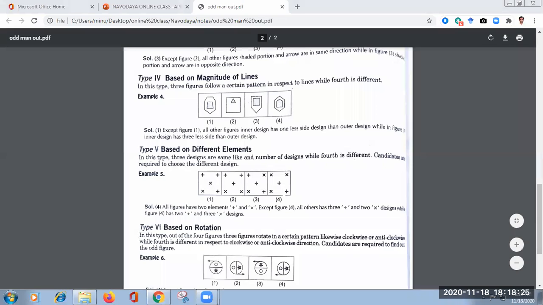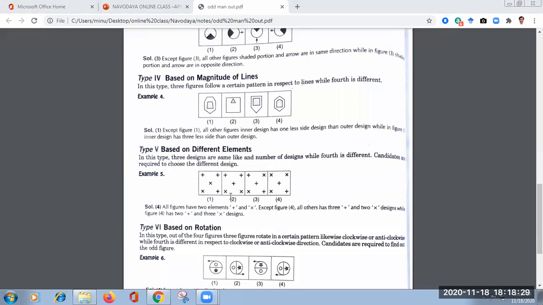So we are getting different kinds of answers. Some people are saying 4 is the right answer, and some are saying 2, and of course some are saying 2 and 1 are also correct.